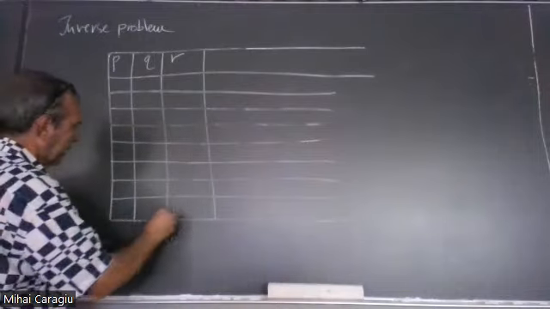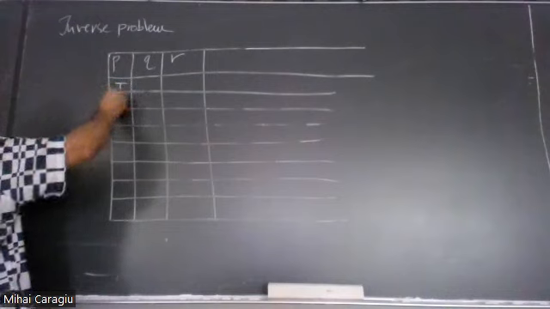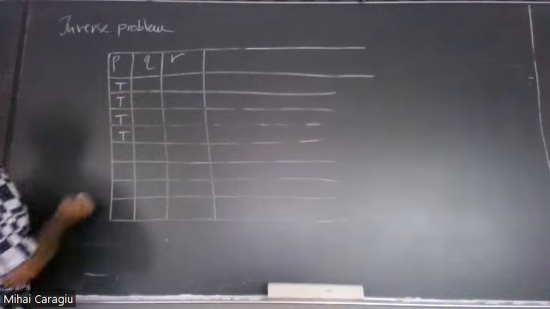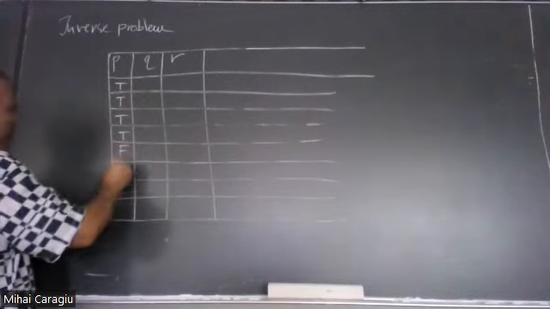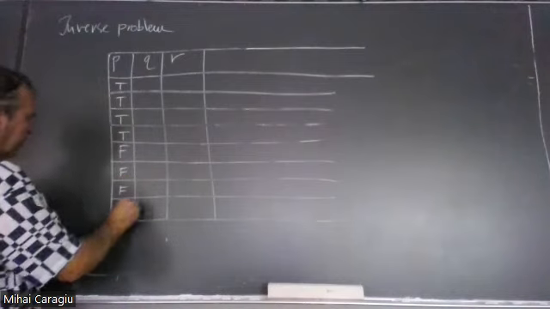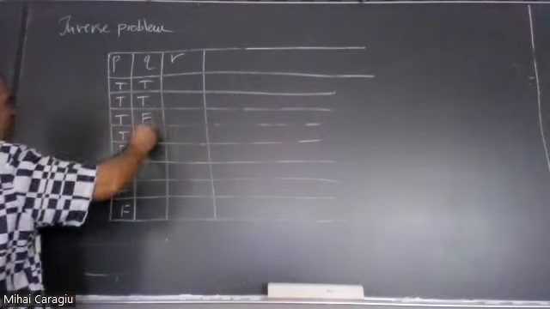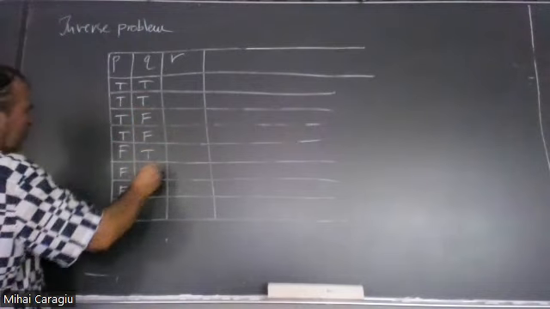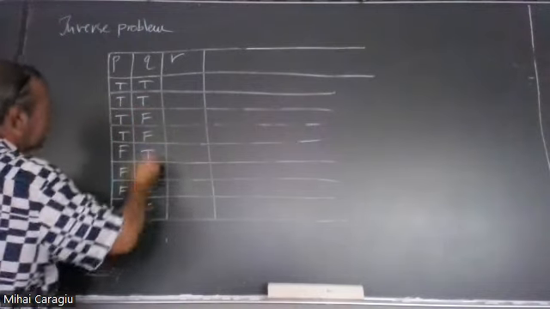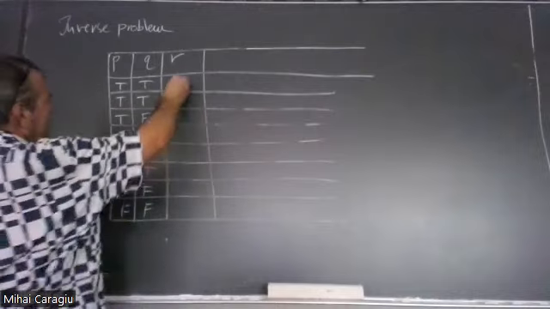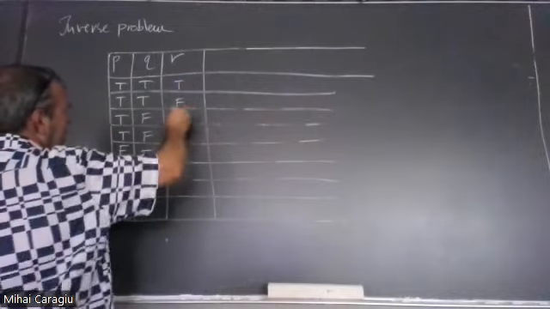Again, it's pretty much automatic. 4 T's, 4 F's, then double the frequency: true, false, true, false, then double the frequency again: true, false, true, false.